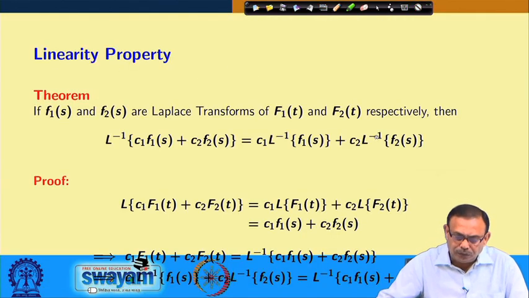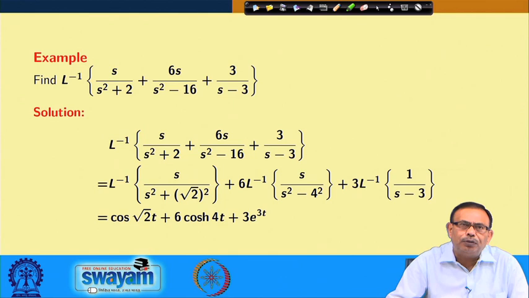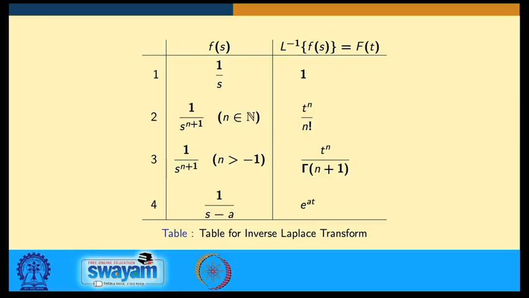So, you are just getting this value: cos of root 2 t plus 6 cos hyperbolic 4t plus 3 e power 3t.